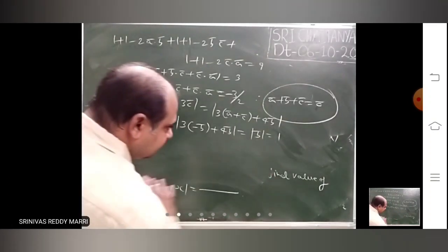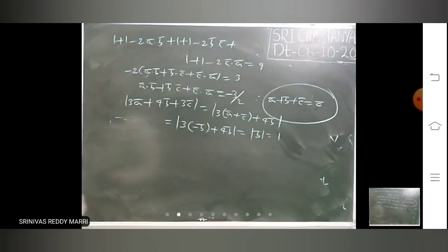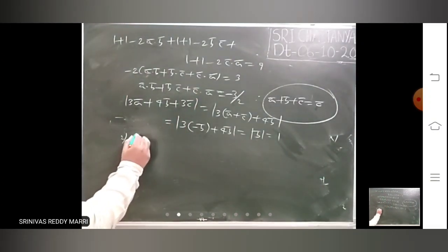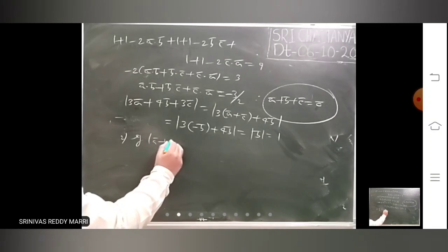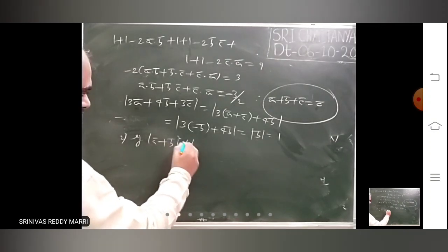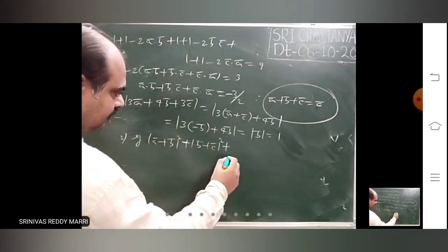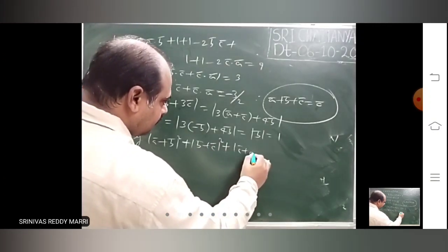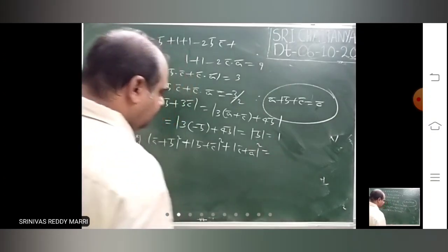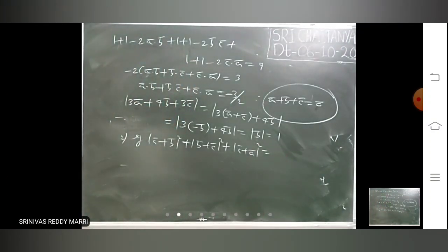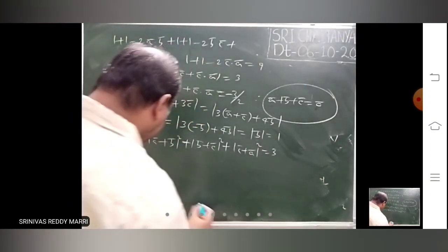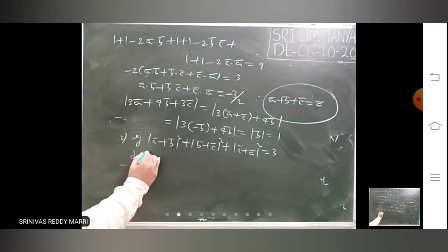Suppose in this only, second question. If modulus of a bar plus b bar whole square equal to 3, find.